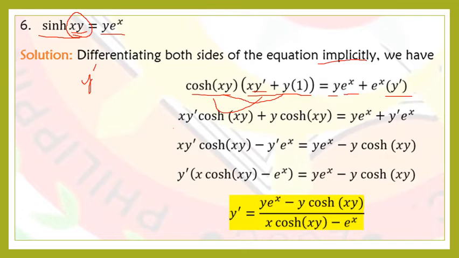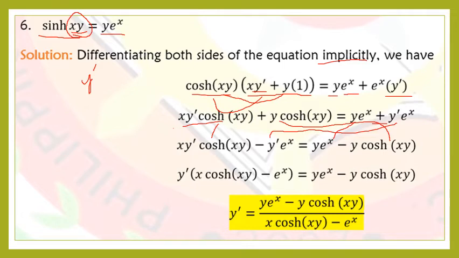Then we simplify. All terms with y prime go to the left side, and all terms without y prime go to the right side. So bring down this term, and y prime e to the power of x goes to the left, and it becomes negative since it was positive. Then this other term is transposed to the other side, and this one remains.